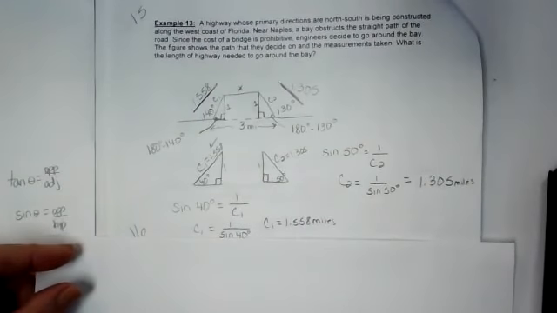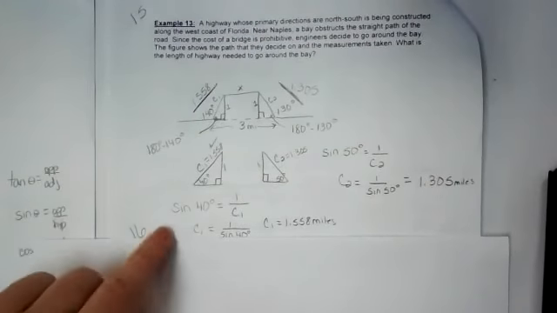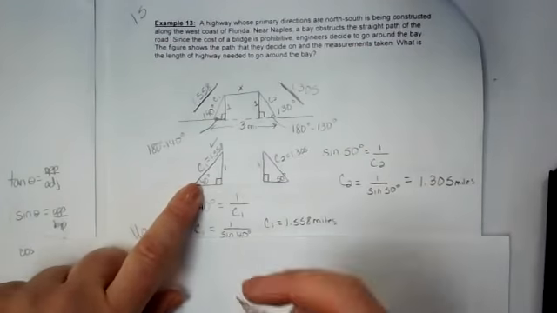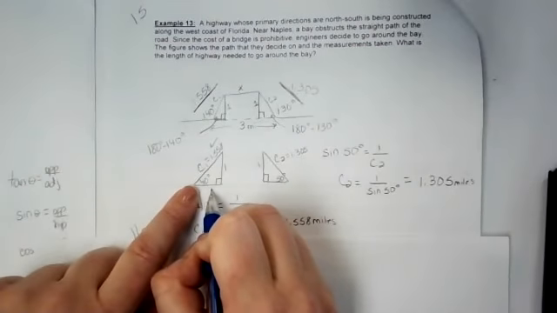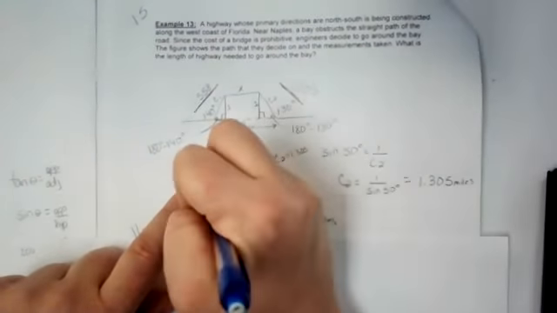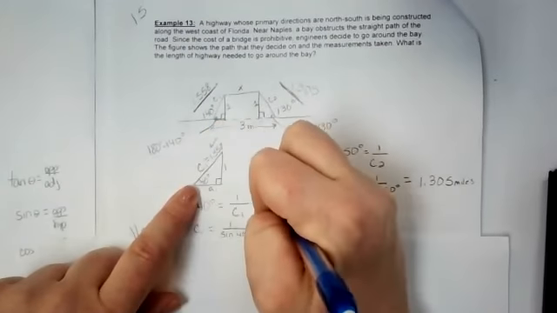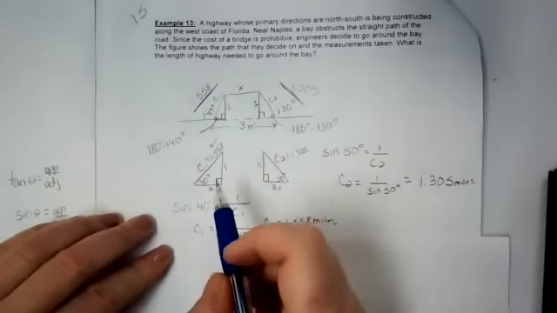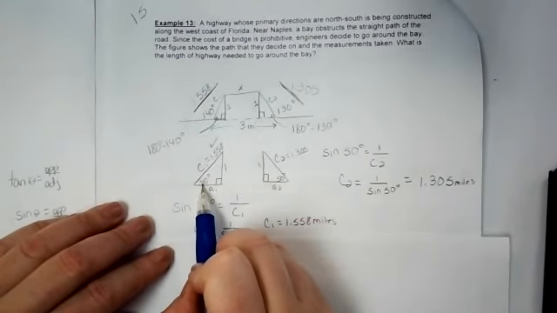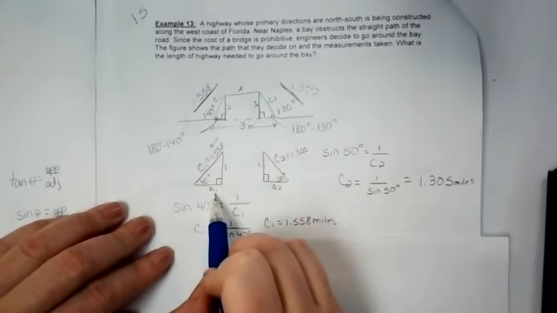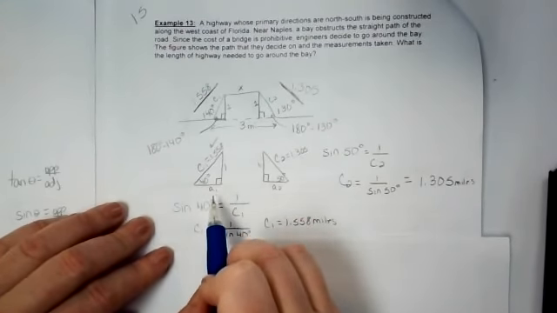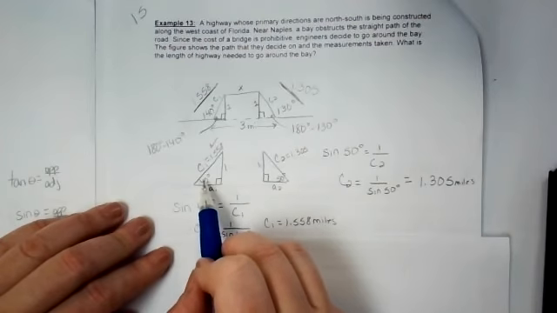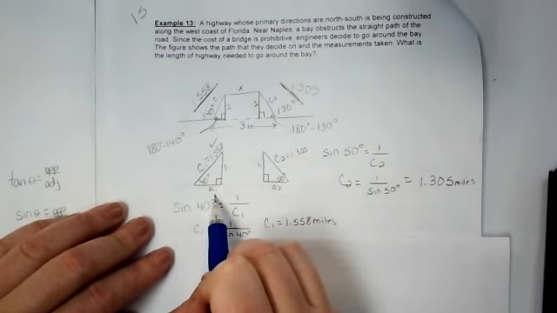I'm going to put this here just so that I have a little more room. If I take this triangle and I'm trying to find this part down here, I'm going to call him A1, and I'm going to call this little guy down here A2. So I have 40 degrees and I have every single side. I have opposite, I want to find adjacent.